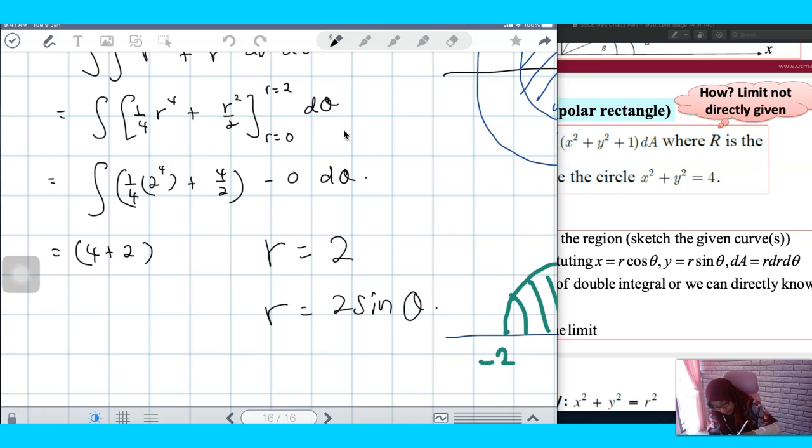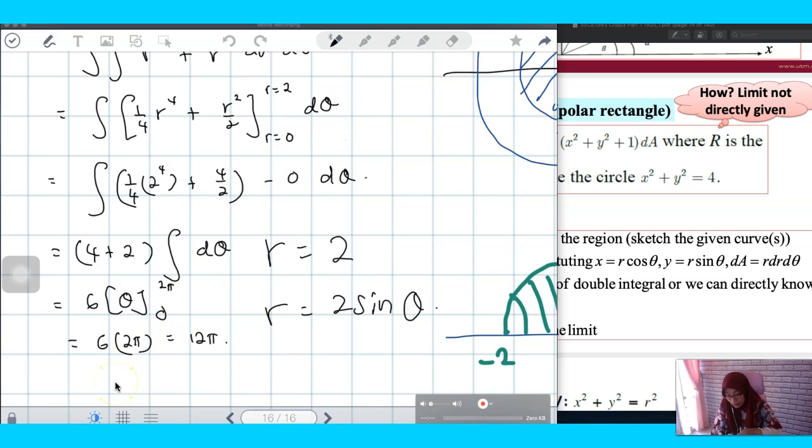This is constant, and you have d theta. So 6 theta from 0 to pi gives you 6 pi minus 0. So you got 6 pi. 12 pi.